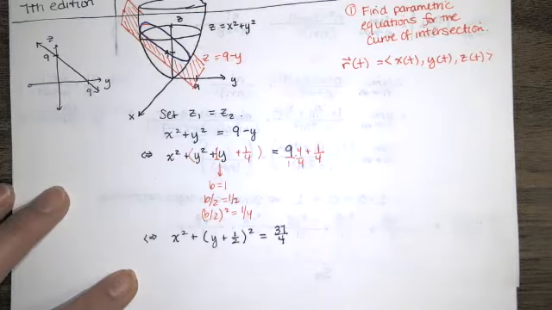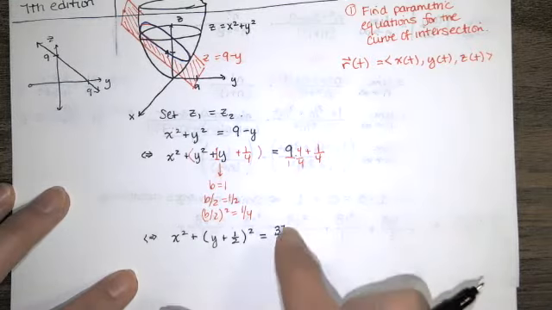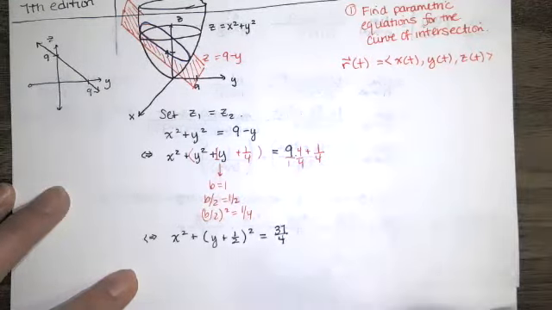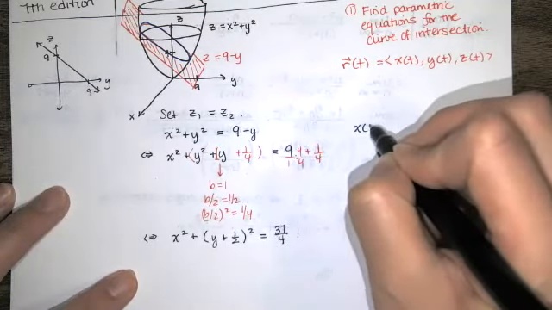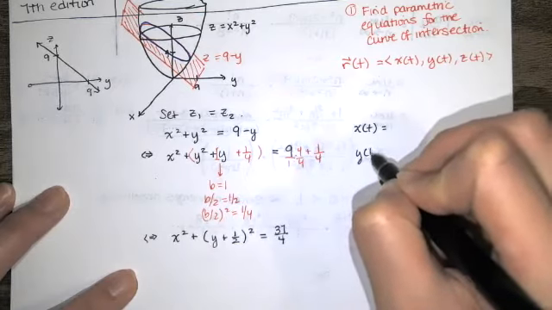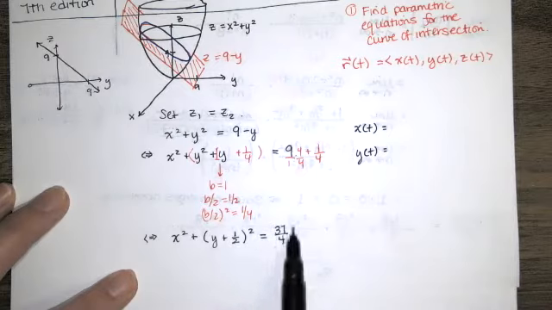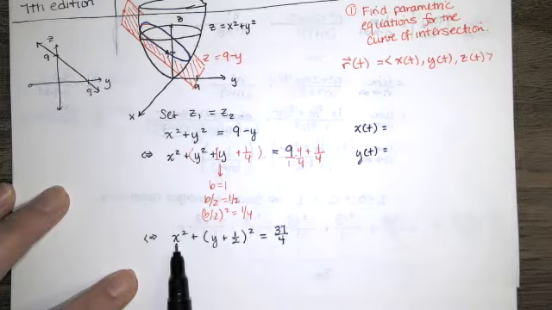Well, typically what we do if we want parametric equations of a circle is we let x equal cosine and y equal sine. If we have a radius over here, in this case we do, the parametric equation for x and the parametric equation for y, they're going to involve that radius. So I need this to be the radius times cosine of t.